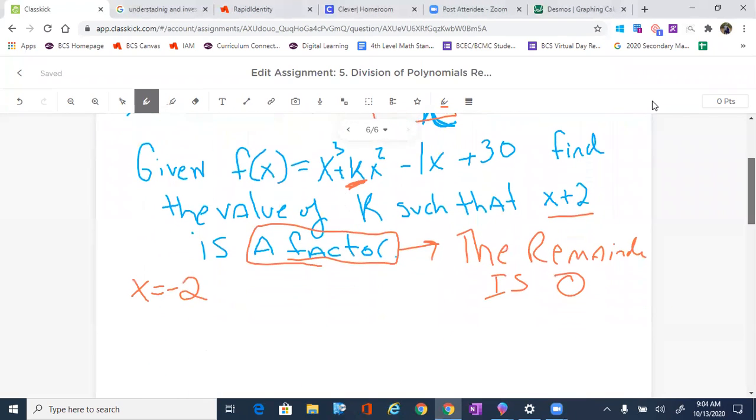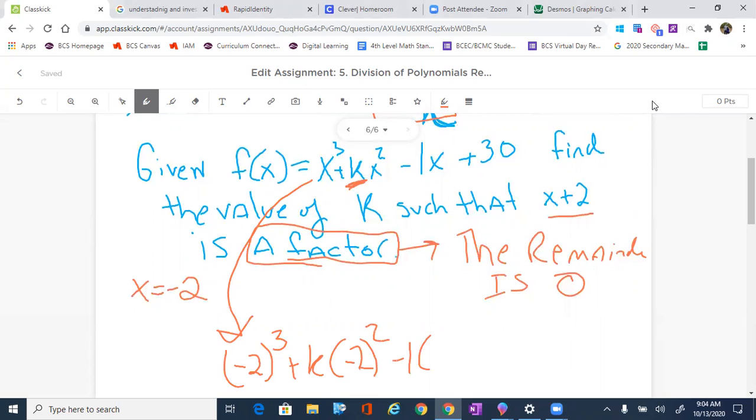So let's do that. We have taken our opposite of x plus 2, which is now x equals -2, and we're going to plug that into our original equation. So I'm going to bring that down here, and I'm going to write -2 cubed plus k times -2 squared minus 1 times -2 plus 30.